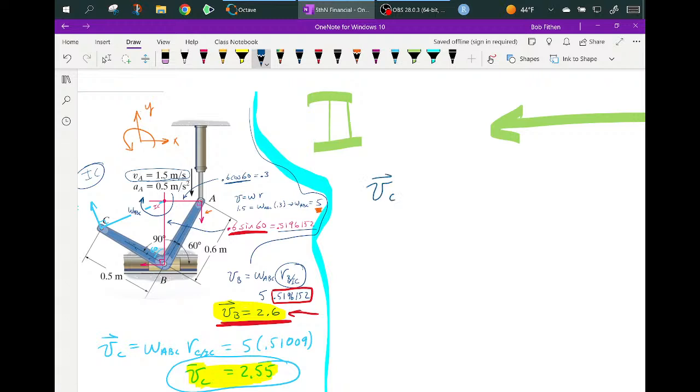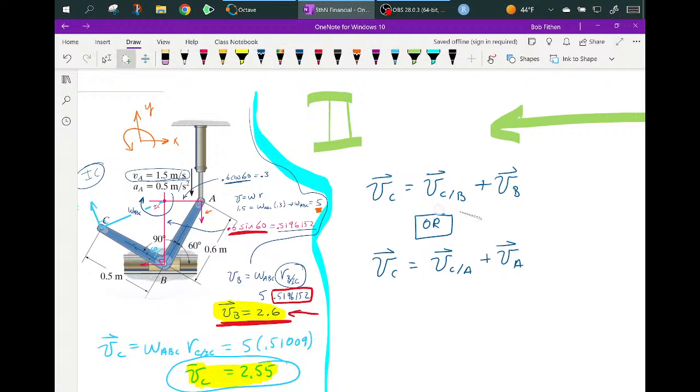Velocity of C is equal to velocity of C relative to B plus the velocity of B. Or I could do velocity of C is equal to velocity of C relative to A plus velocity of A. Now, what's the difference or the problem of doing either particular one of these?